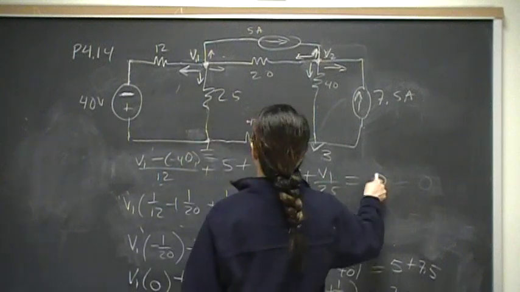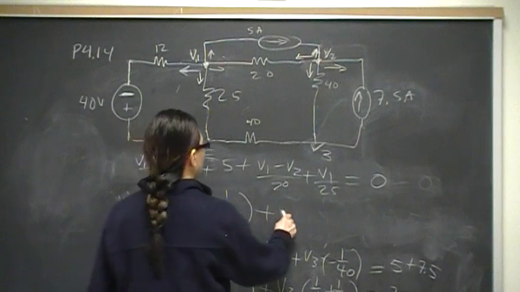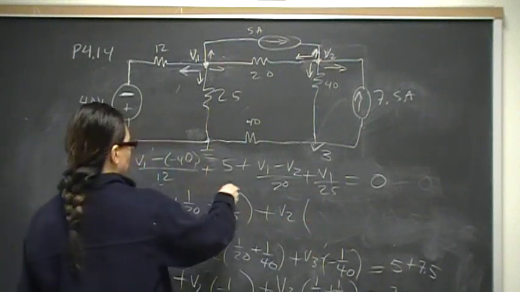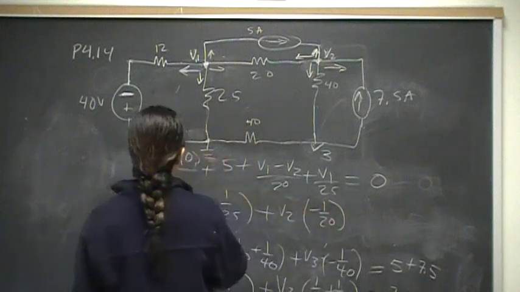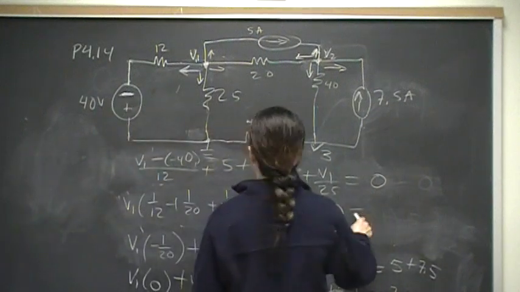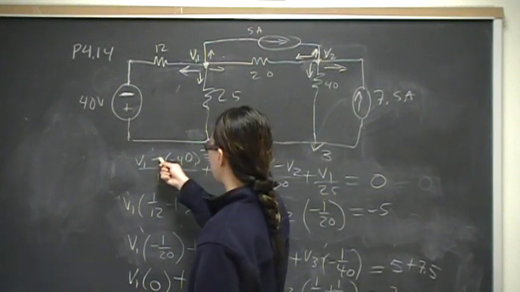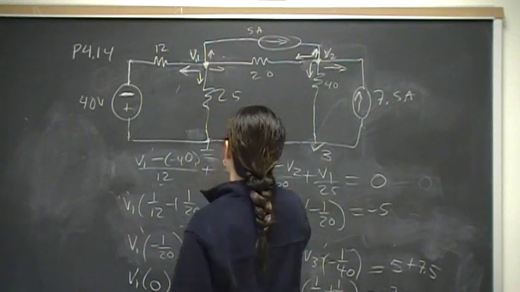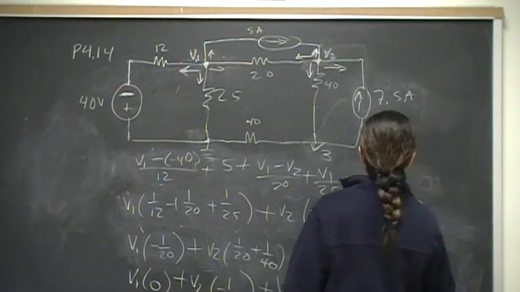That has to equal 0. Okay, V2, our coefficient is negative 1 over 20, and that's it. And then for constants, I'm going to move that negative 5 over. I have a negative and a negative is a positive, but when I move it over, it becomes a negative again. Negative 40 over 12.